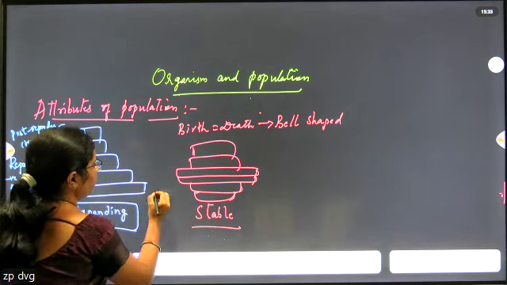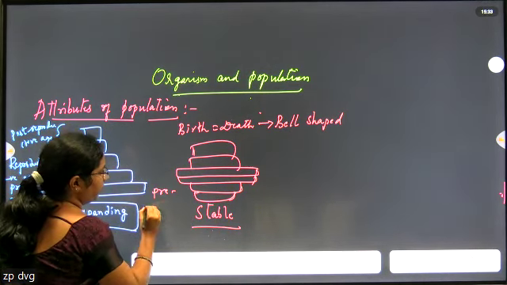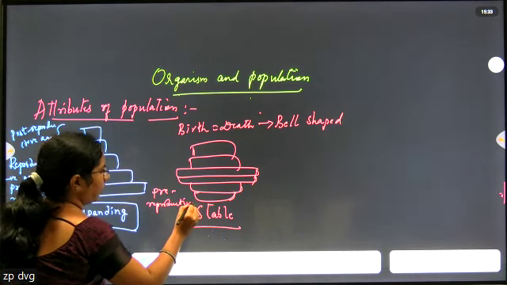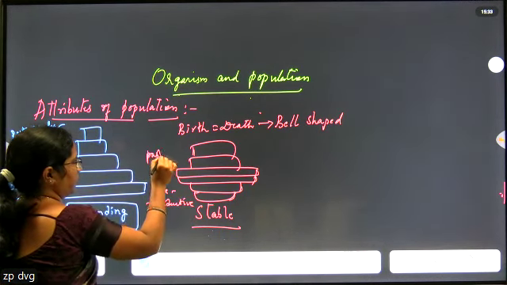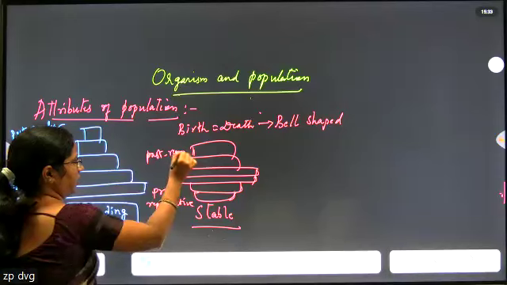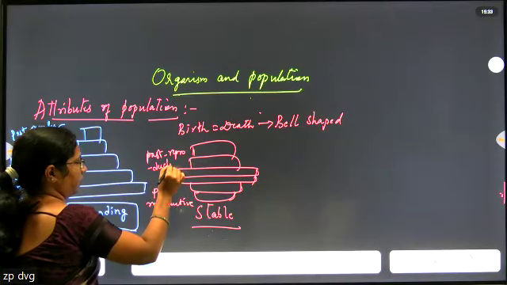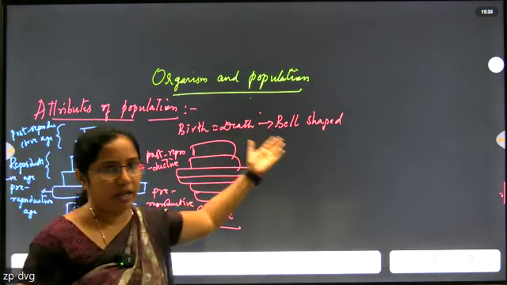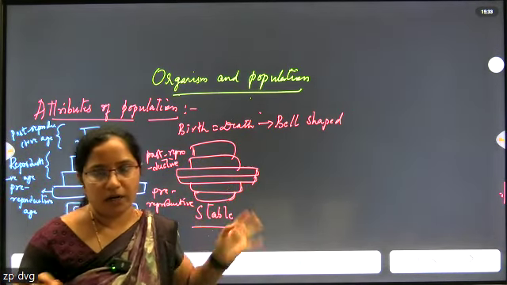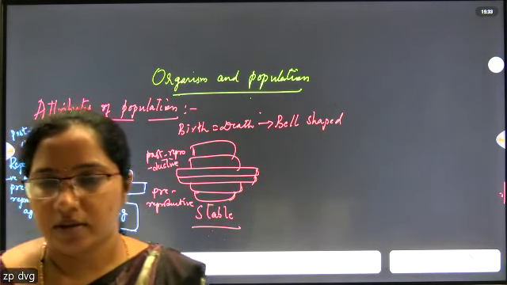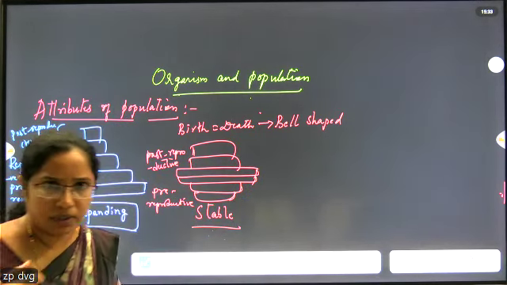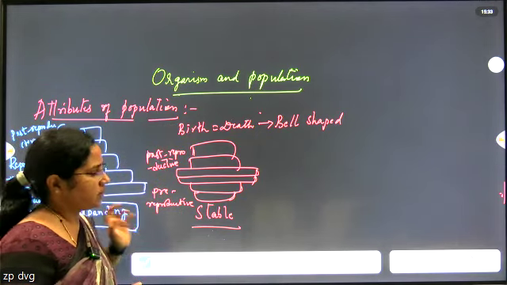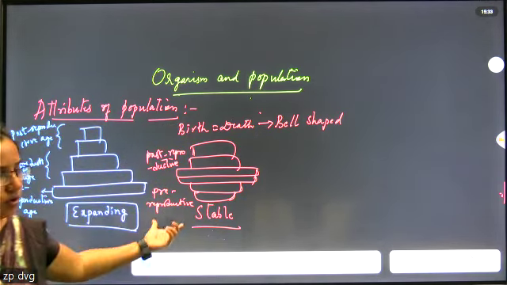Here pre-reproductive and post-reproductive age people, in the shape of a bell. So stability will be maintained. There is no increased death rate, or decreased birth rate. Both birth and death rates are equal here. That will give the stable representation of the pyramid.